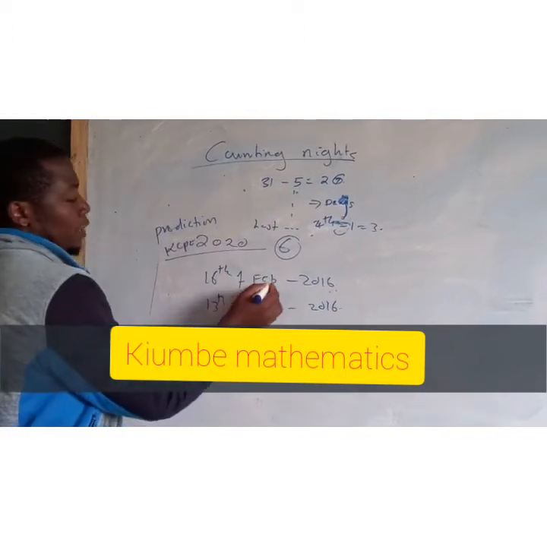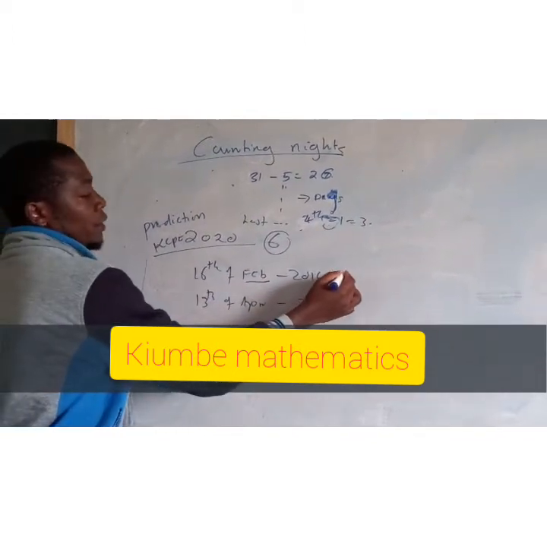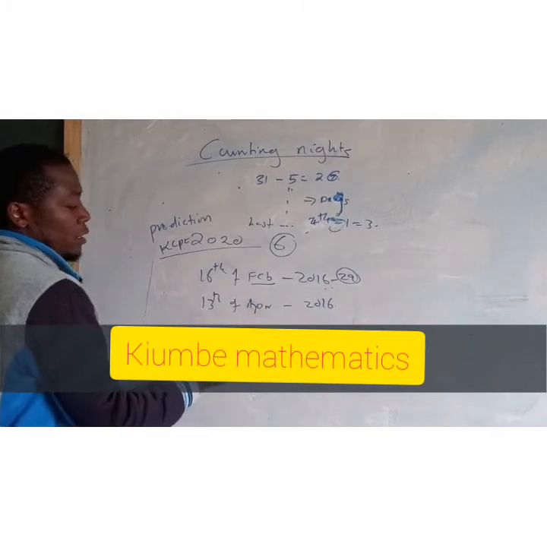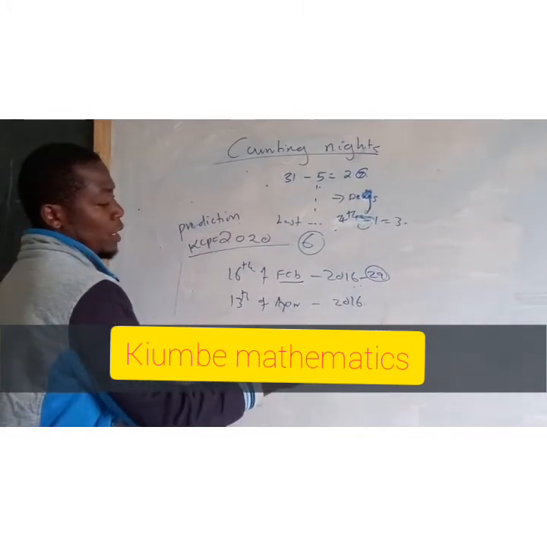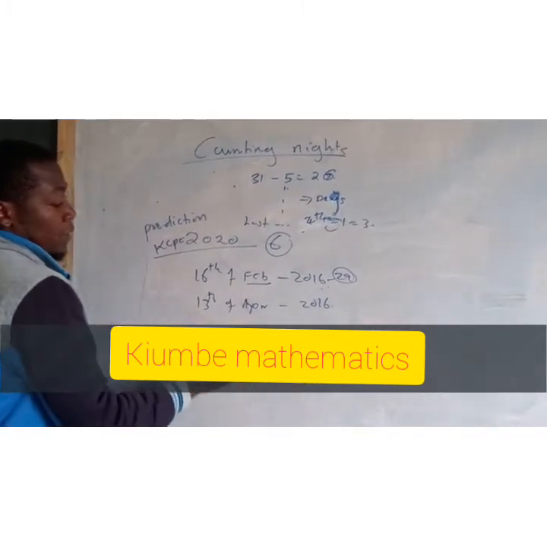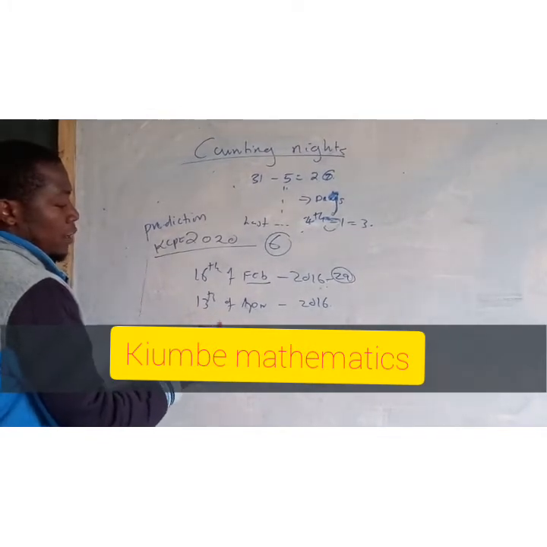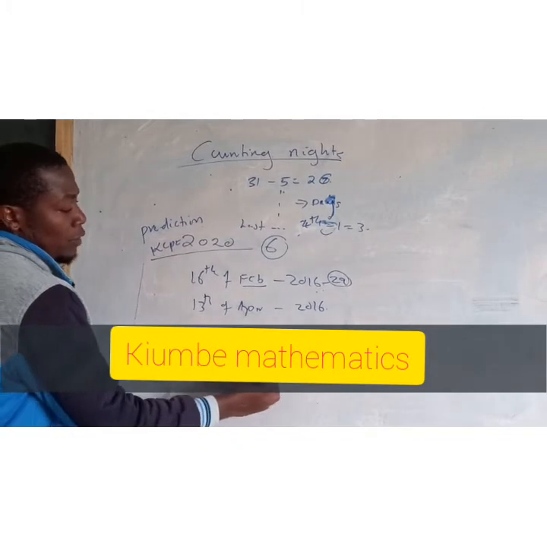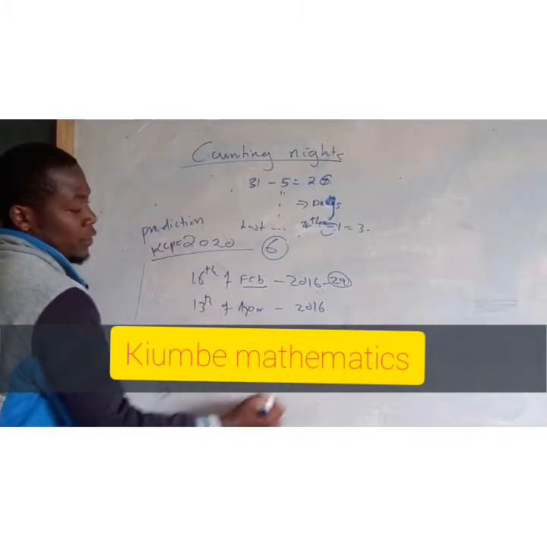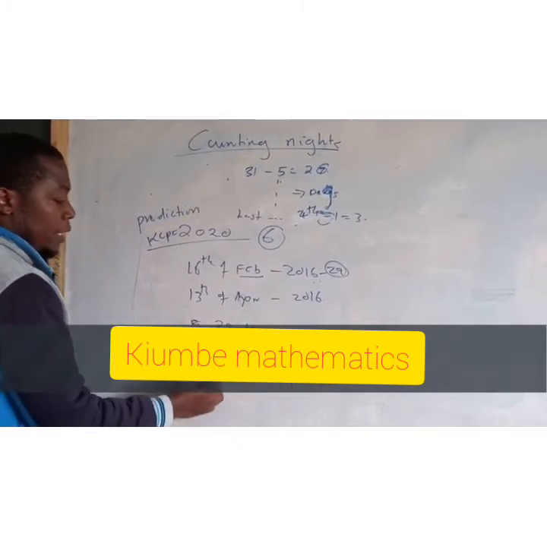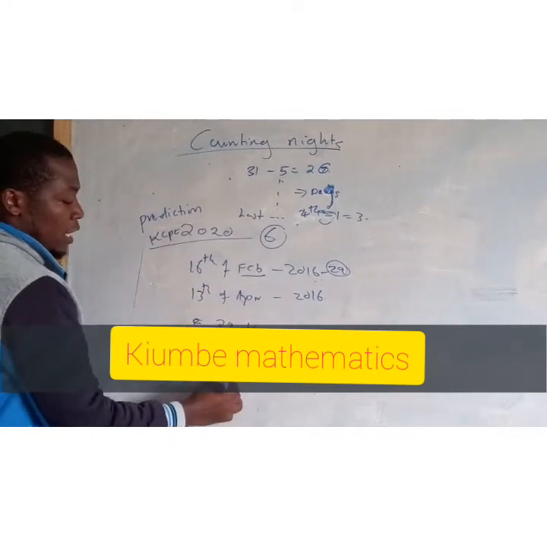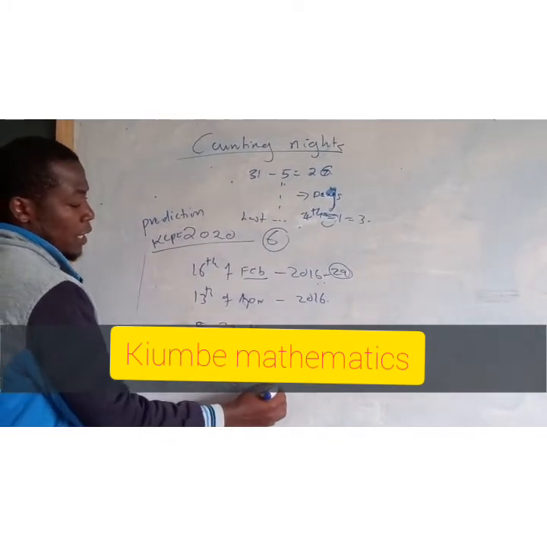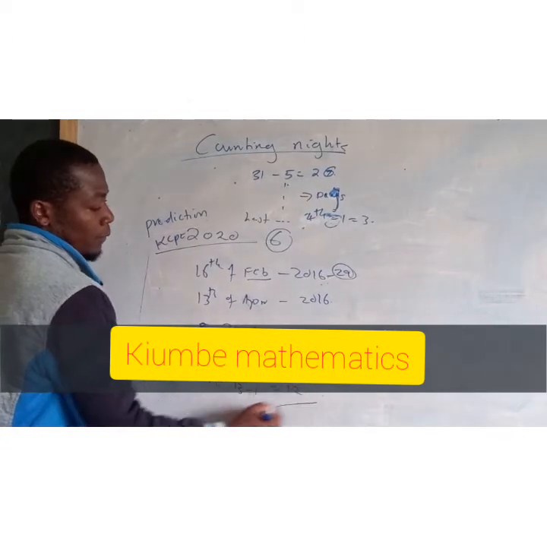So basically, we shall take February, since it is a leap year, it's 29 days. Then take 29, subtract 16 normally, get 13. Then the second month after February is March. For March, we should just take its days, 31. Then April, since it is on 13th, we shall subtract 1 and have 12.